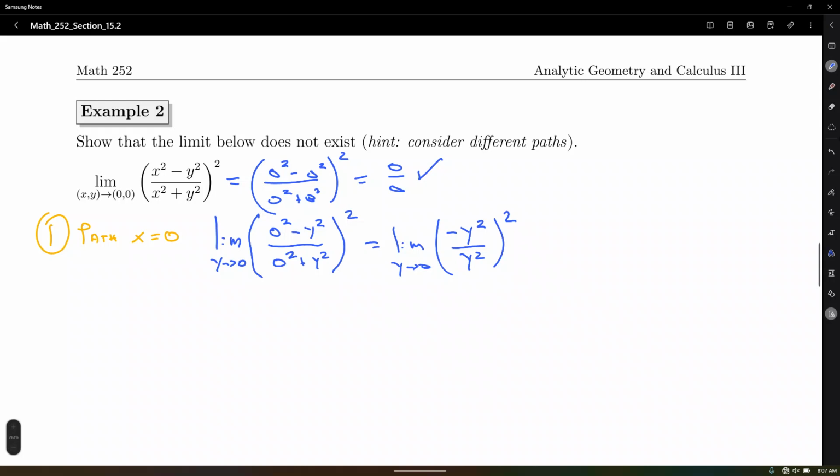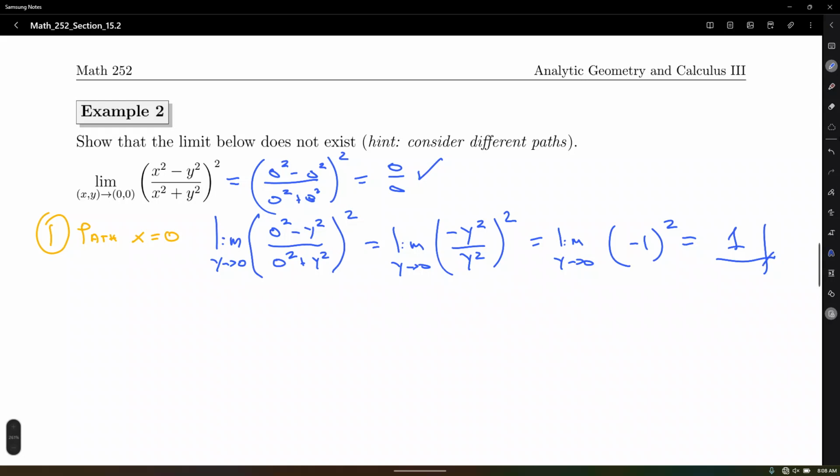And negative y squared over y squared, the limit as y approaches 0, that's a negative 1 squared, which equals 1. So that's the result of the limit if we go about x equals to 0.